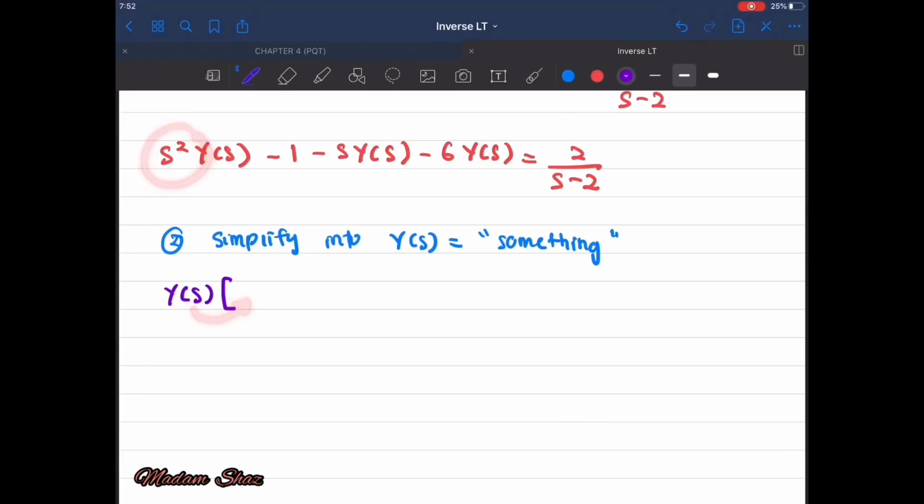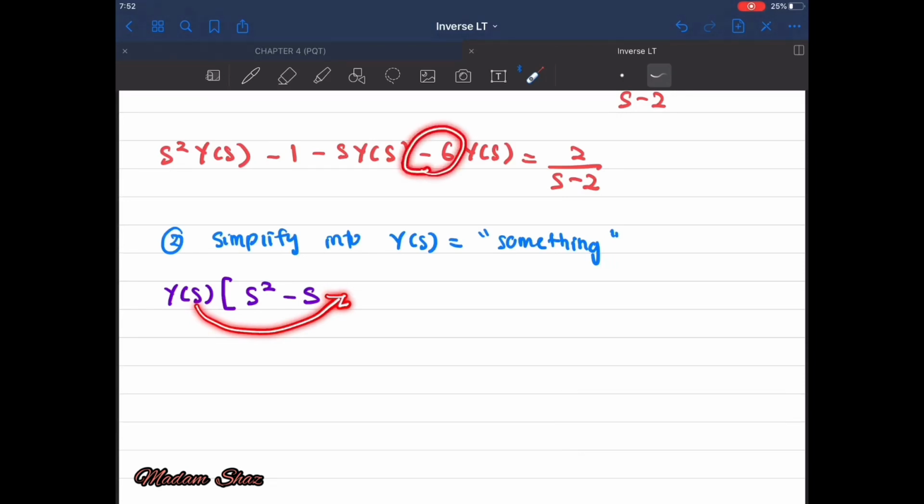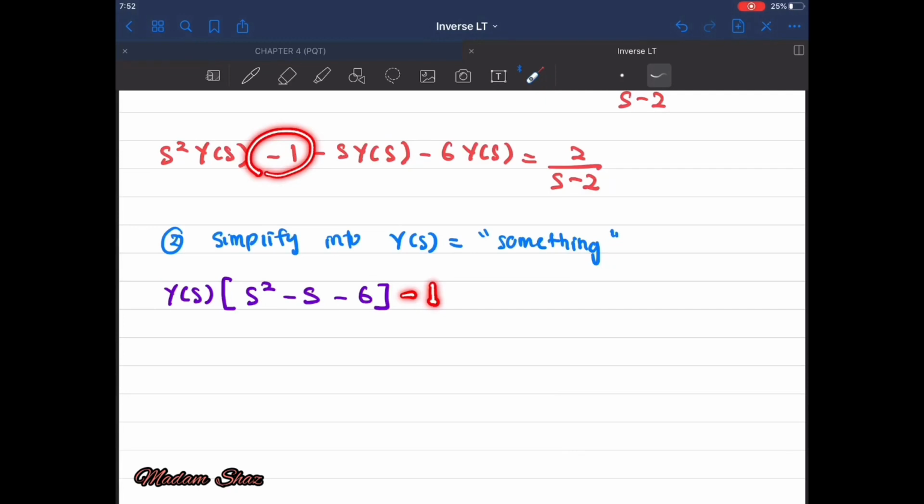Y(s) multiply with the s square. Y(s) multiply with what so that it will become negative s? Y(s) multiply with the negative s. Y(s) multiply with what so that it will become negative 6? So minus 6. The rest, which is negative 1, we just write negative 1 at the back here, is equal to 2 over s minus 2.